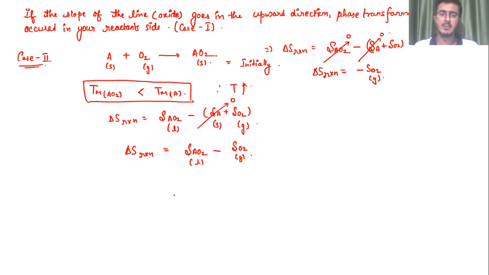So what will happen to your delta S reaction? In terms of the entropies, the oxygen term is a negative value, whereas this is your positive value. So definitely it is going to lower down. It will still be negative because the entropy of your gaseous phase is much higher as compared to the entropy of your liquid phase, right? But their difference will be lowering down.